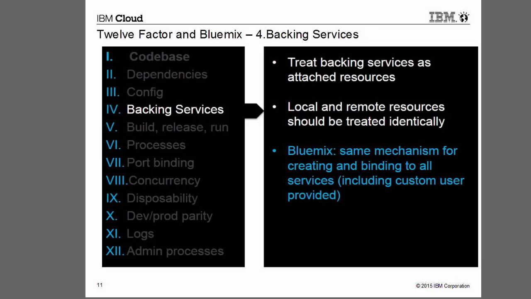So the point here is your code shouldn't know the difference wherever the services are. It should treat everything in the same way, like what it treats an application that's running on the same data center on the same server. This allows great flexibility, so someone from your team could replace the local instance of a MongoDB with the one served on SoftLayer through some elastic caching mechanism, and your code wouldn't have to change at all.